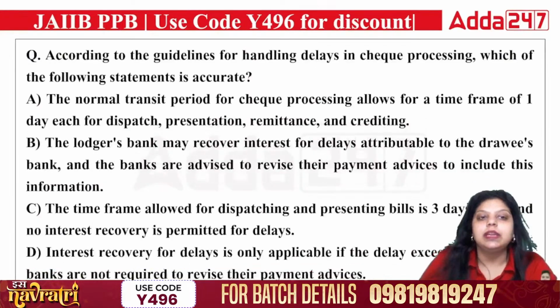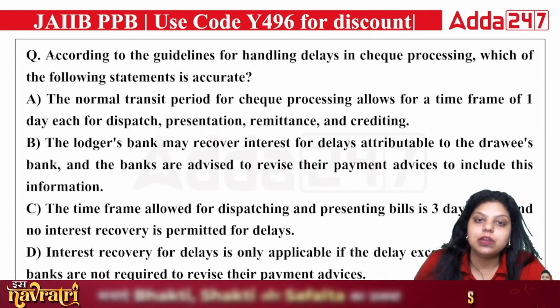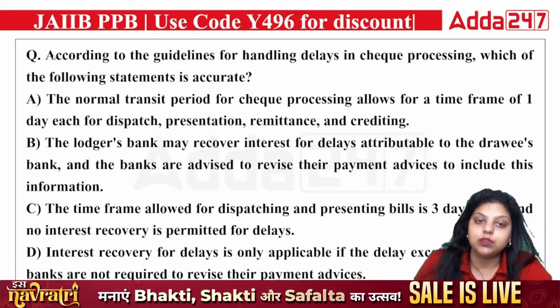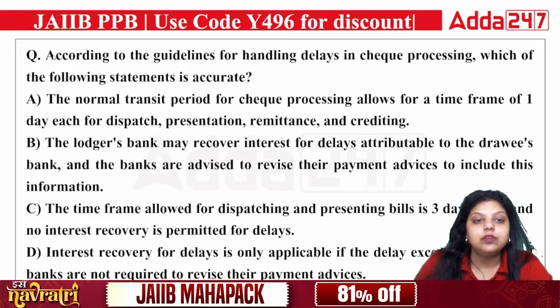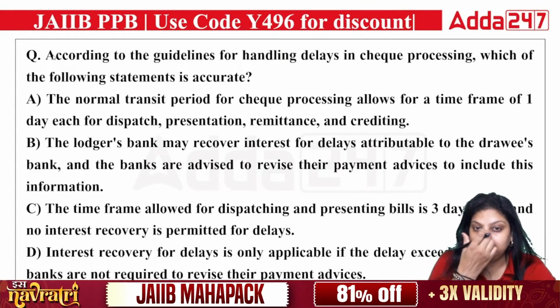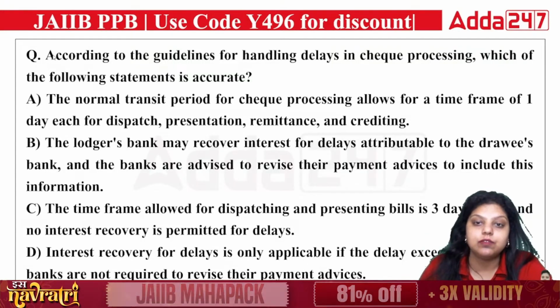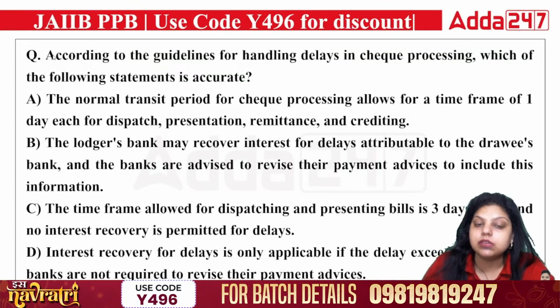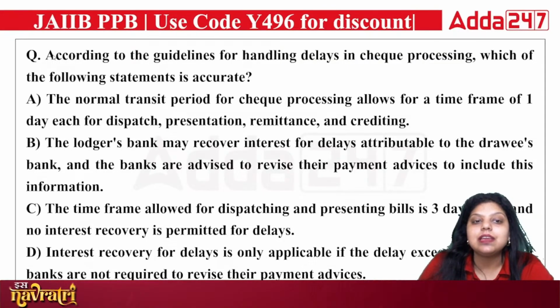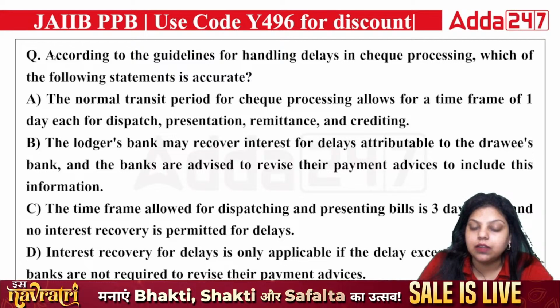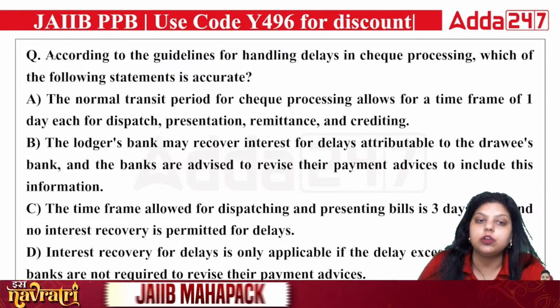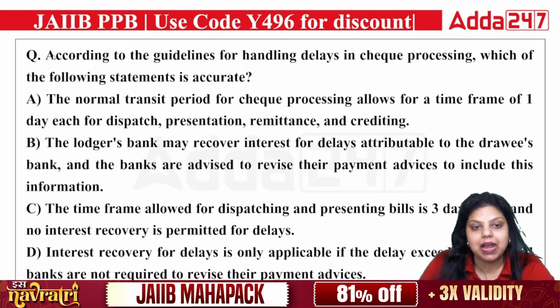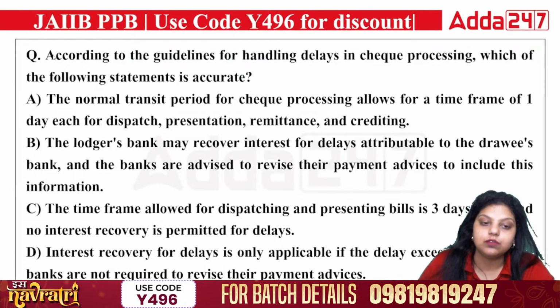Now, next is saying according to the guidelines for handling delays in check processing, which of the following statements is accurate? First is saying the normal transit period for check processing allows a time frame of 1 day each for dispatch, presentation, remittance and crediting. Second is saying the lodger's bank may recover interest for delay attributable to the drawee's bank, and banks are advised to include this information in their payment advice.